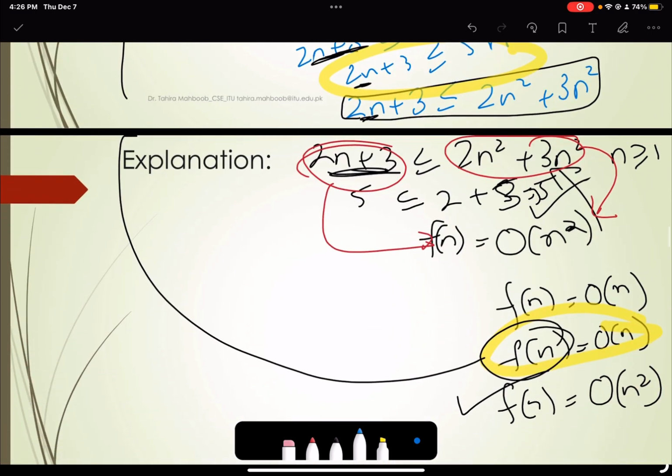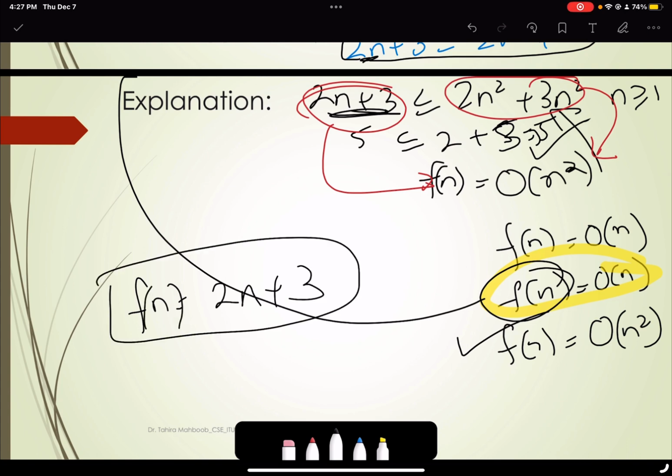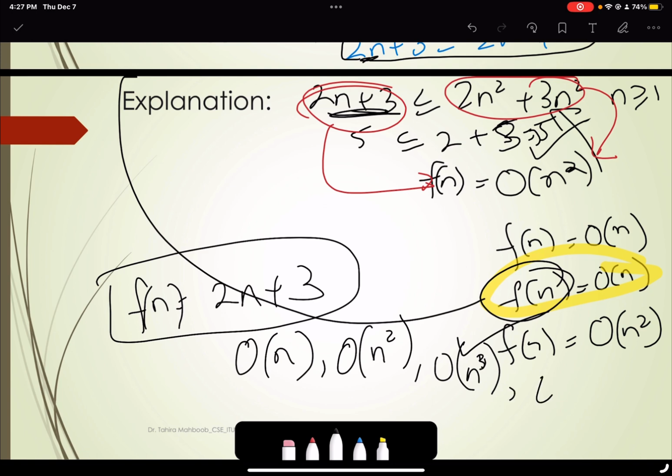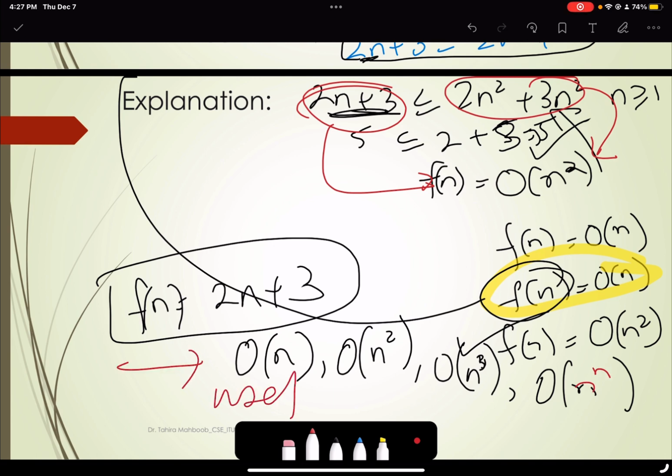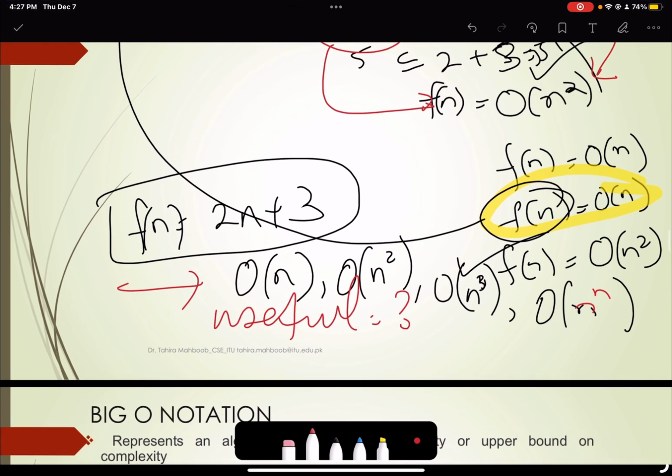So this function f of n, which is given by 2n plus 3, will always be true for all functions which are greater than n. They will all be true, but are they useful? To consider the usefulness, we consider the least upper bound value.